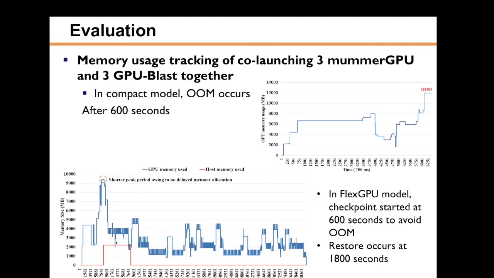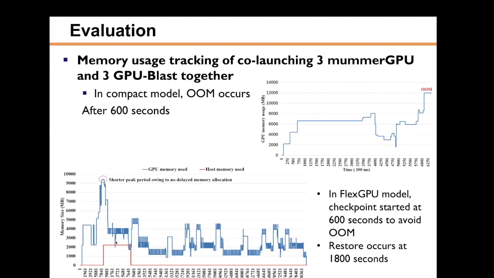It can be noticed that 835 seconds after the application is launched, FlexGPU detects that the currently launching kernel would cause the GPU memory to exceed the capacity. Consequently, it checkpoints certain unused contents to the host memory.